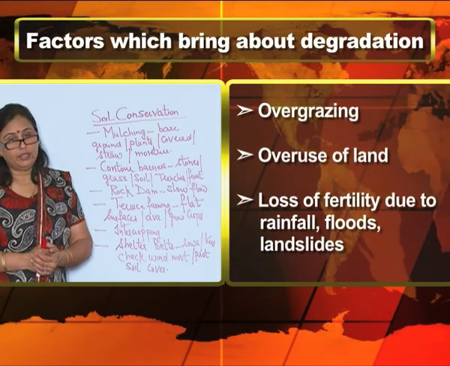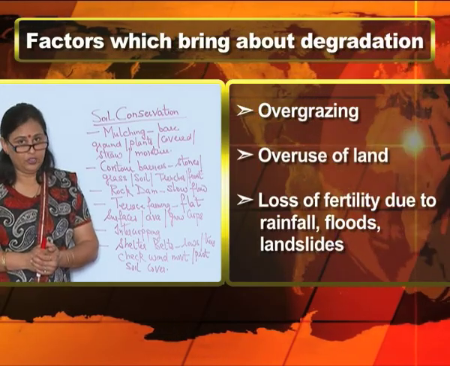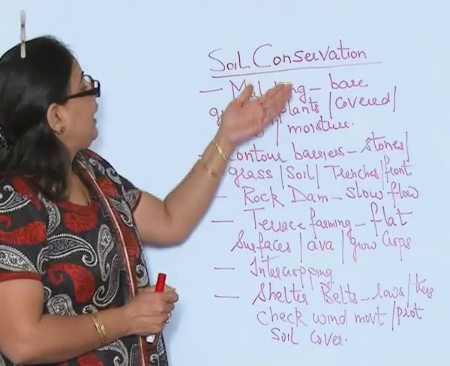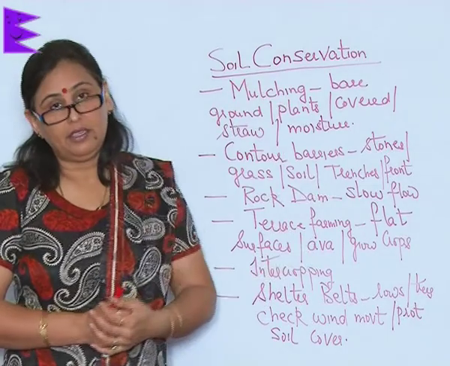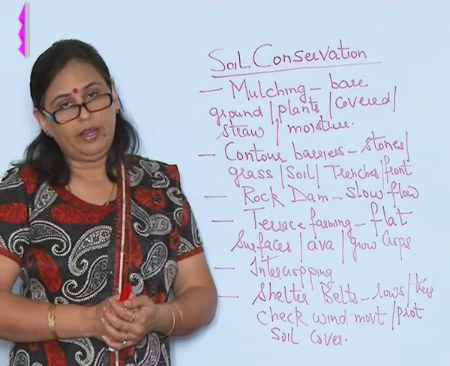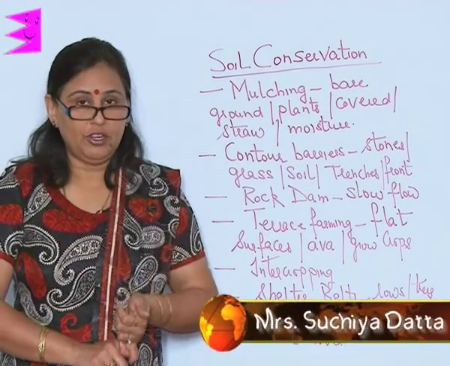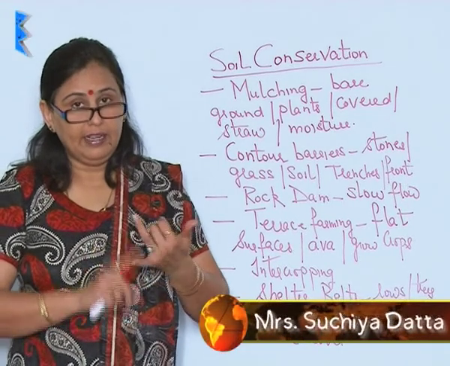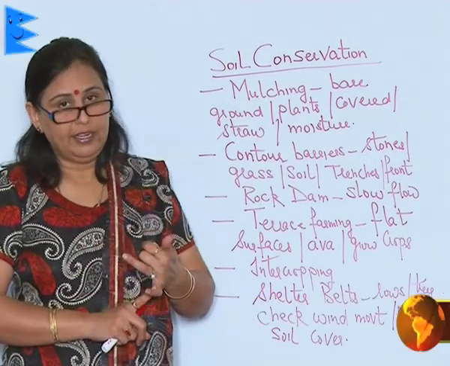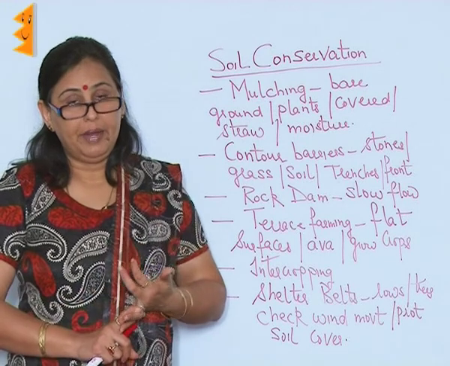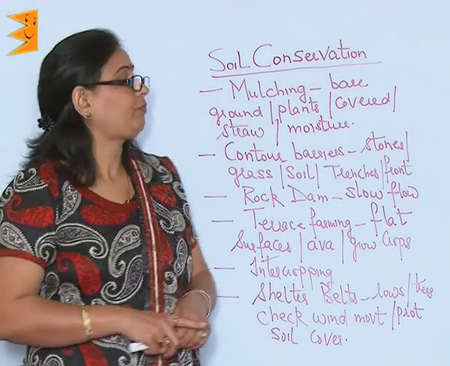All this causes the degradation. But there are various methods to conserve soil, because conservation of soil will only lead to good fertility, will lead to a better and healthy living.